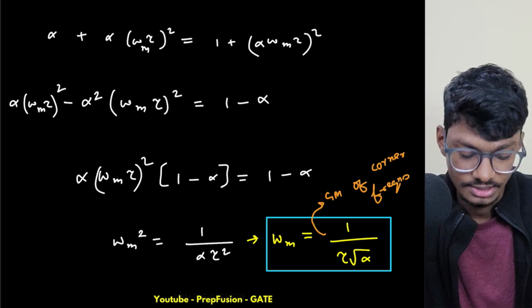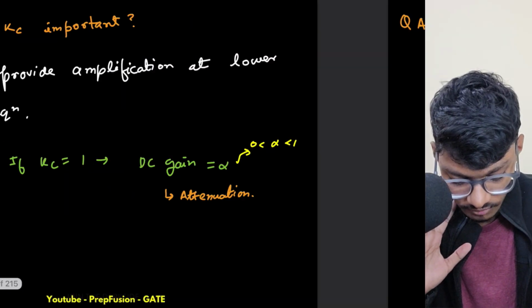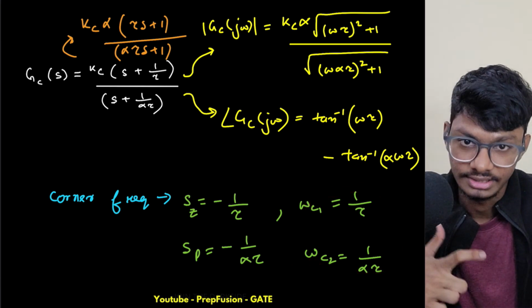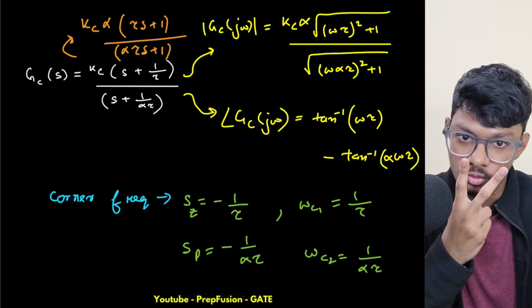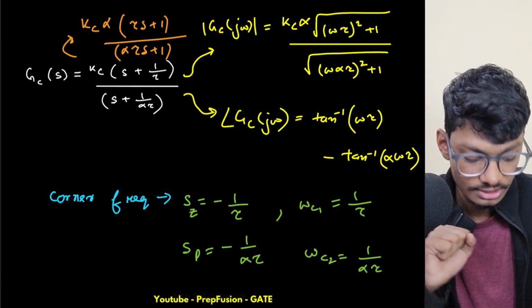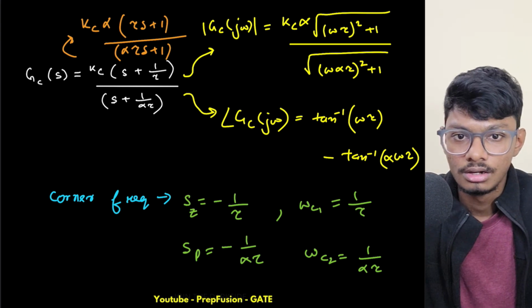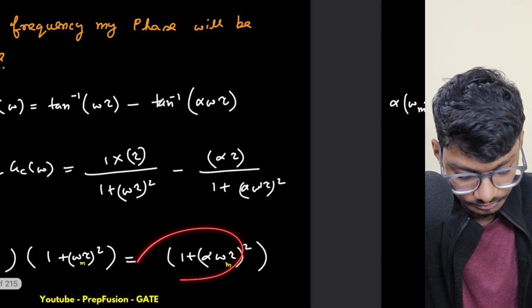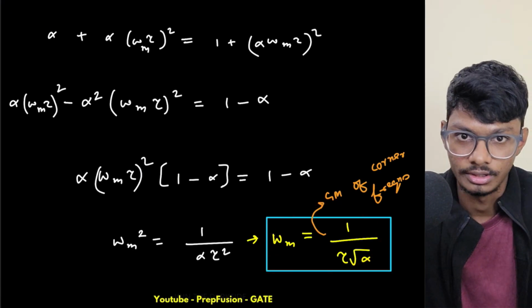What is GM? GM is the geometric mean. What are the corner frequencies? Corner frequencies are these two frequencies. So if you multiply them and take the under root, because we have only two elements here, it is 1 by tau into under root alpha. So the GM of both of them is this, 1 by tau under root alpha.